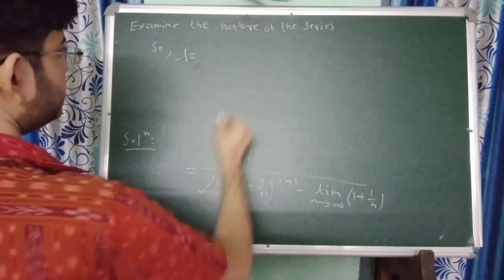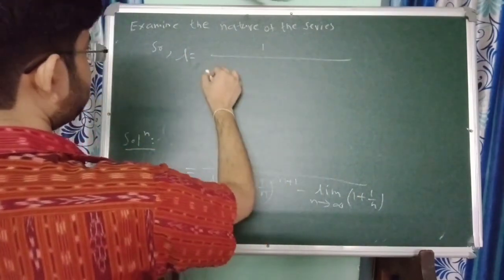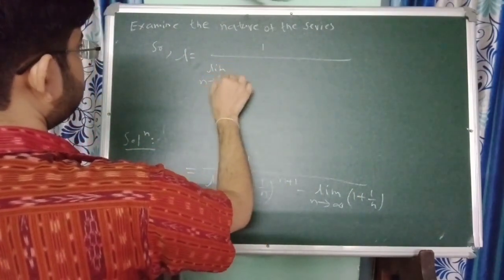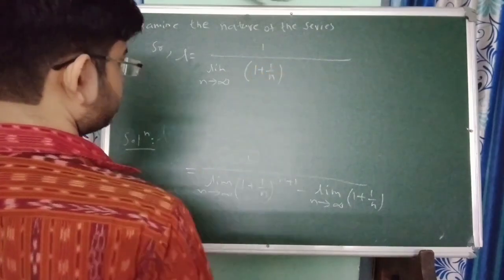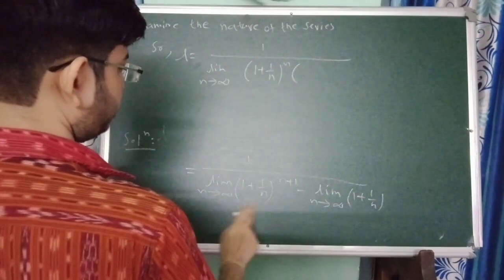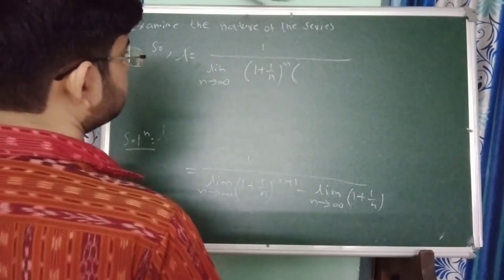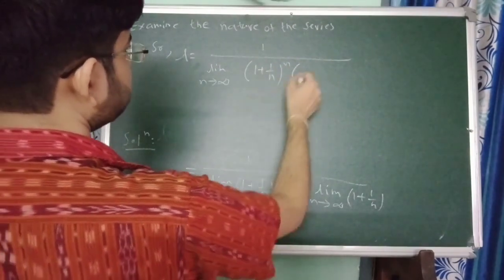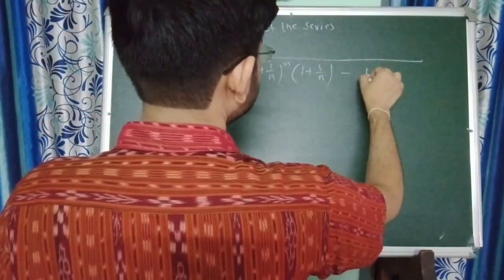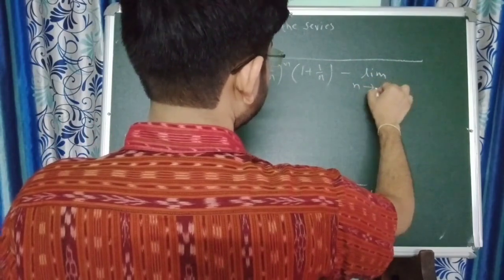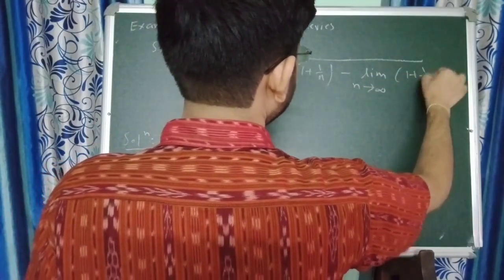So 1 divided by limit n tending to infinity; this part, (1 plus 1 by n) to the power n plus 1, can be written as (1 plus 1 by n) to the power n into (1 plus 1 by n), minus limit n tending to infinity of (1 plus 1 by n).